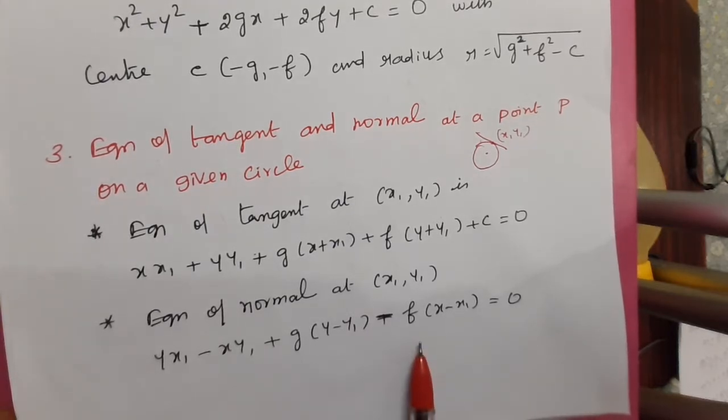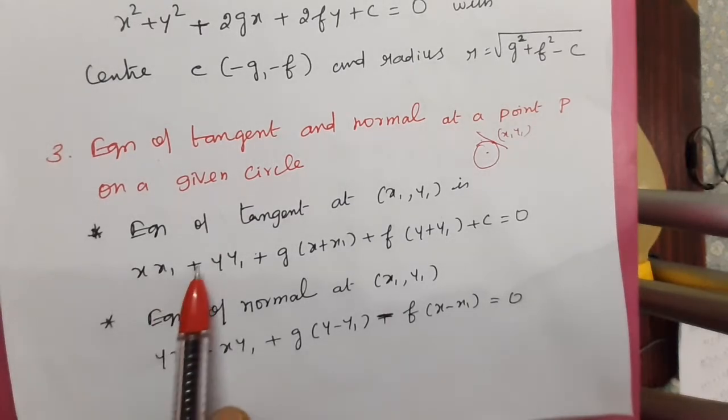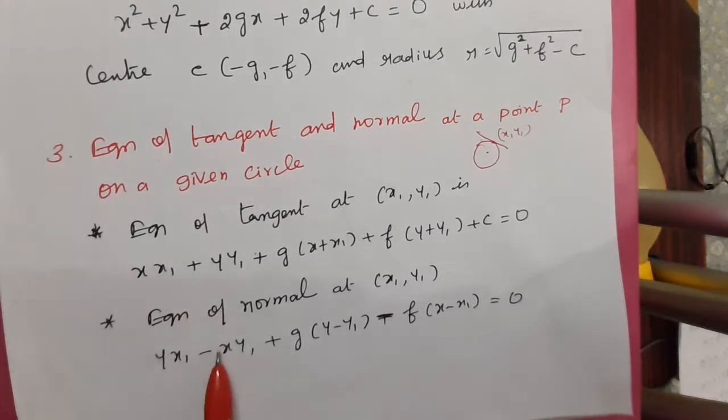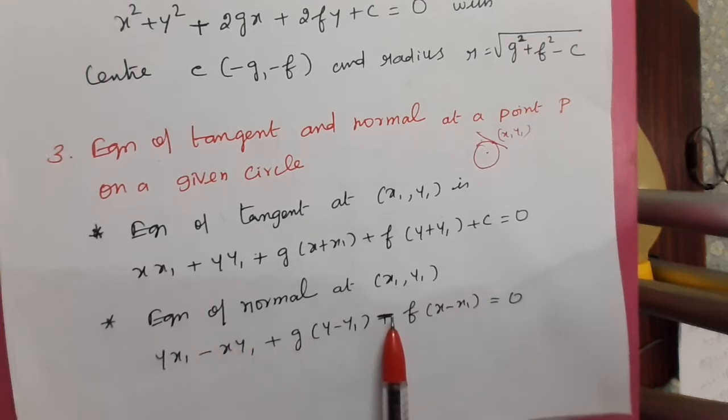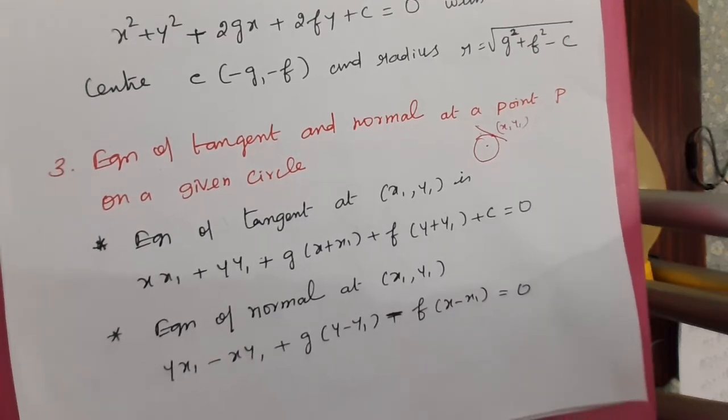Only the x and y terms are interchanged. Normal is nothing but perpendicular to the tangent. So this is the equation of the normal at x1, y1.